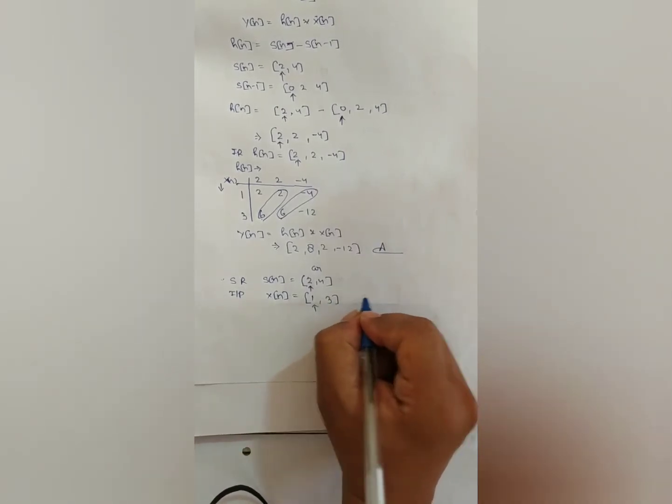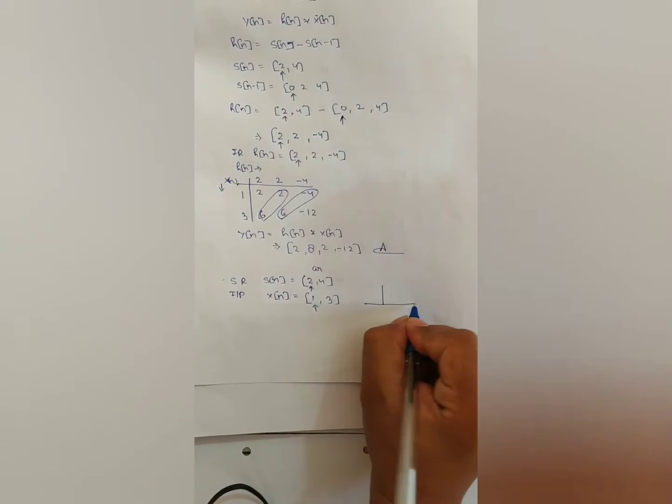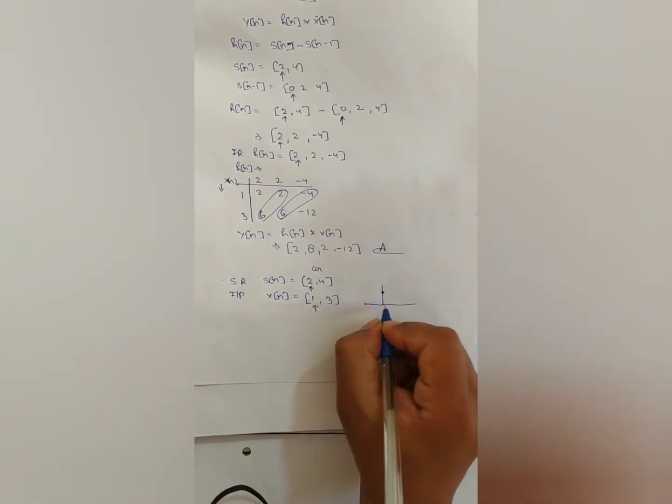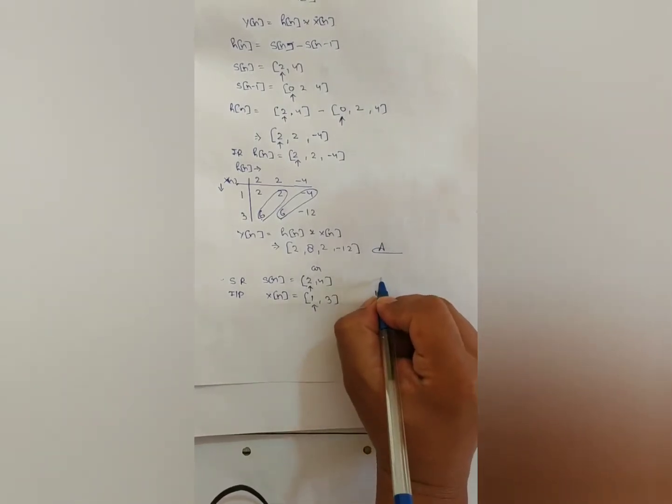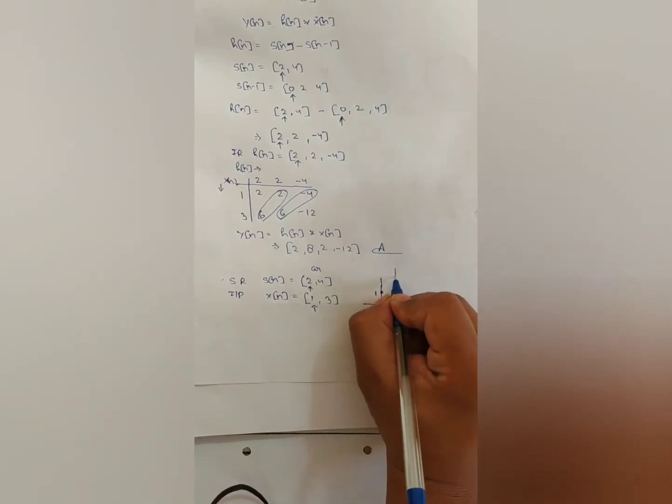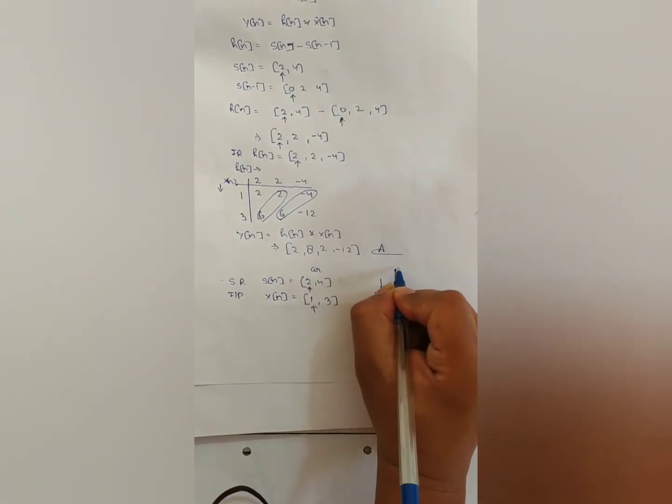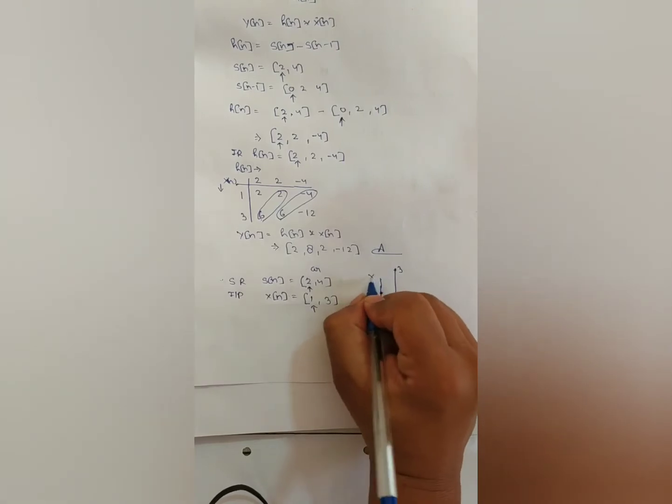When we draw it, at the 0 position the magnitude is 1 and at the 1 position the magnitude becomes 3.